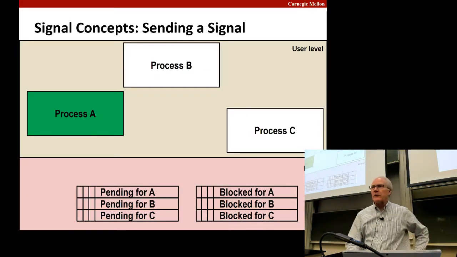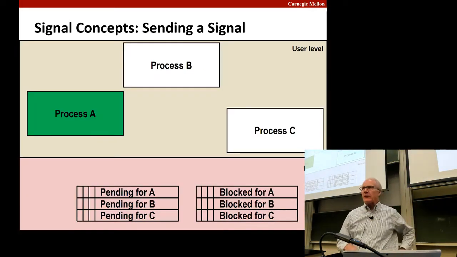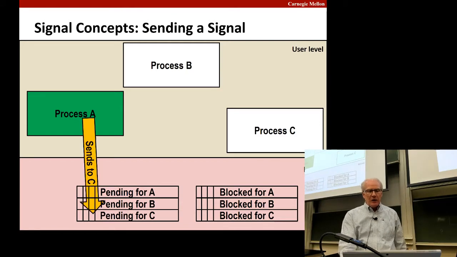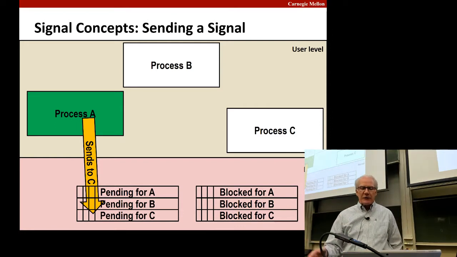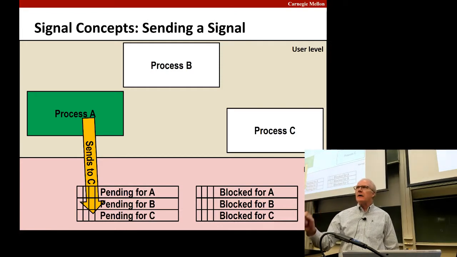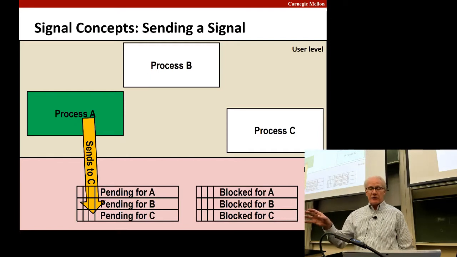So just to show this idea, it gets pretty involved here with some notation and conventions. If process A wants to send some type of signal to C, the operating system does it. Process A says, send a signal of this type to process C by using the function called kill.